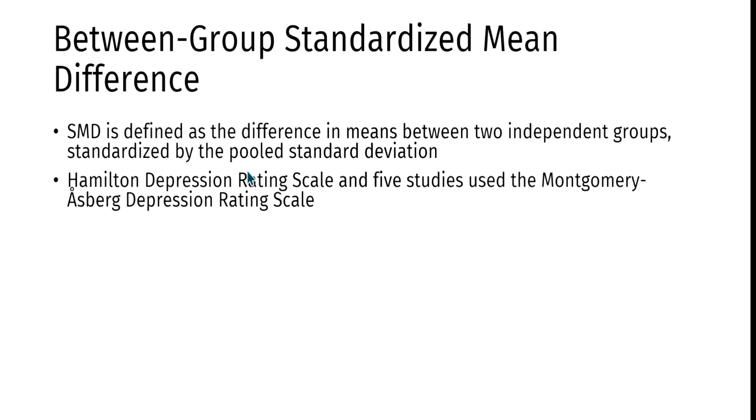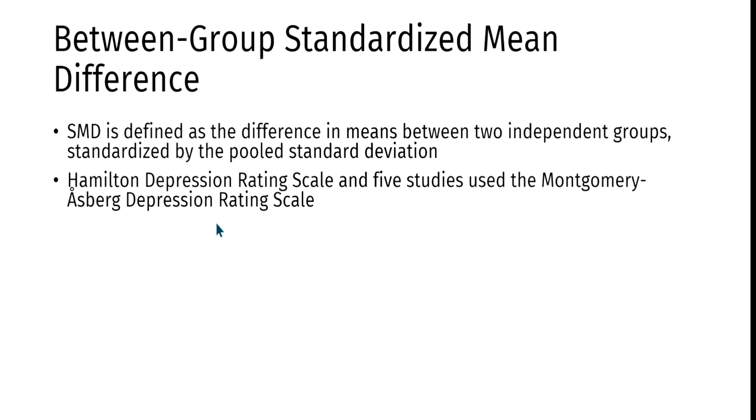The problem is, if you want to do a raw mean difference, the level of depression that the Hamilton scale gives you is different from the Montgomery measure, so you cannot really combine them. To combine them, you have to standardize it, or at least scale it.